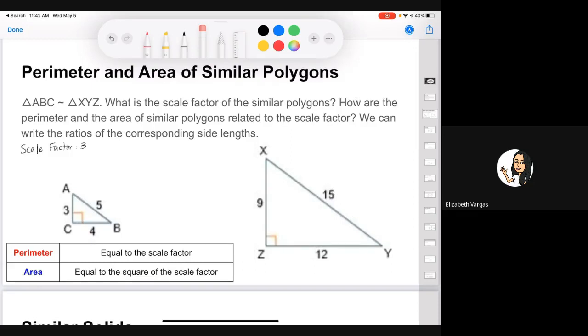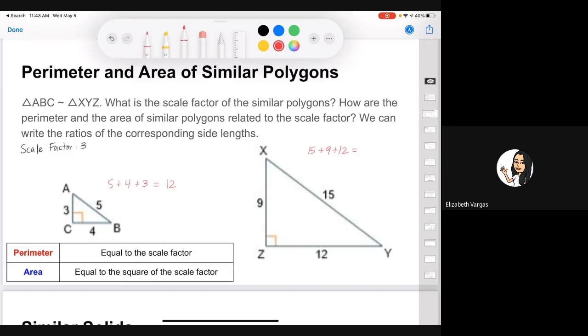Now I'm going to identify how this scale factor affects my perimeter and my area. Okay, so how do I identify perimeter? Well, the perimeter is equal to all of my sides added together, right? So 5 plus 4 plus 3. The perimeter of this smaller triangle is 12 units. This one, 15 plus 9 plus 12.